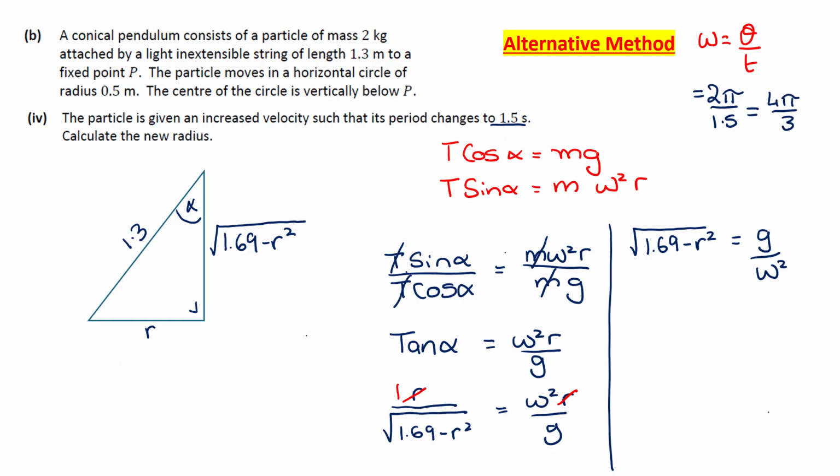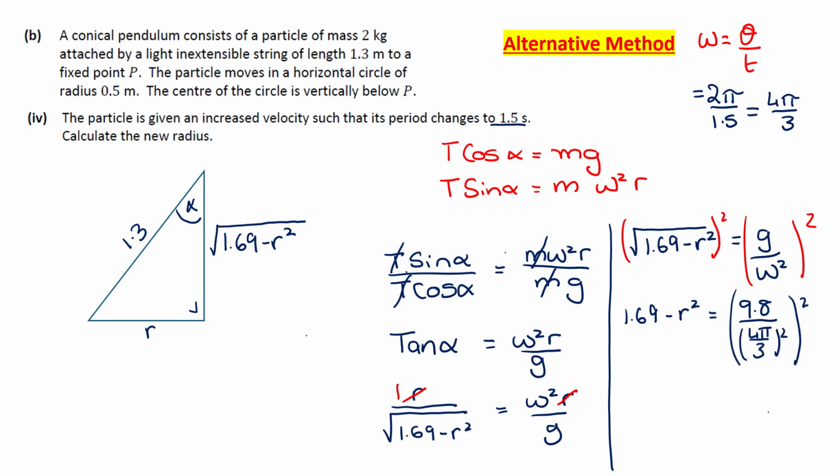So this means I can square both sides. So we get 1.69 minus r squared is equal to 9.8 divided by 4 pi over 3 squared, all to be squared. So that can go to the calculator.